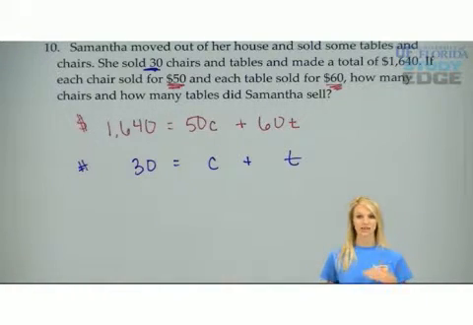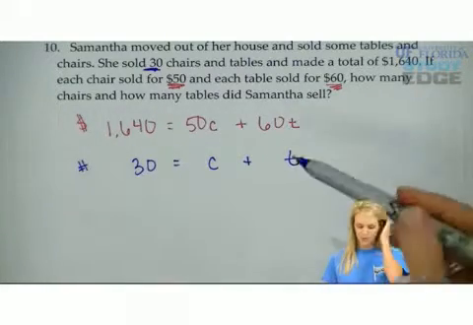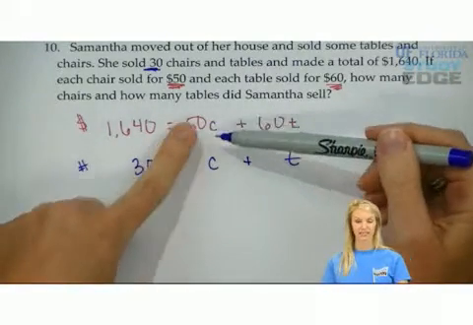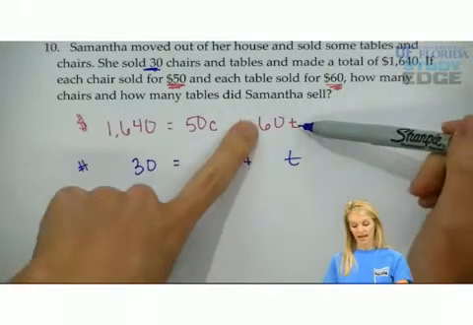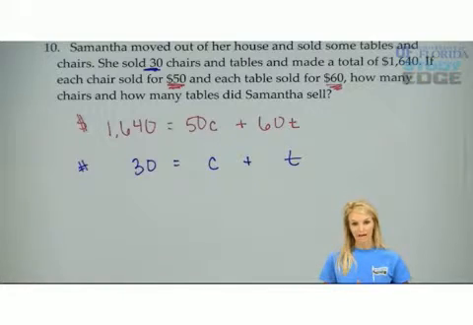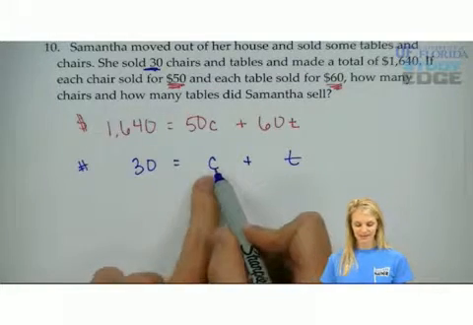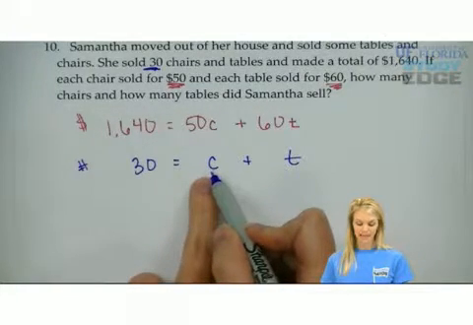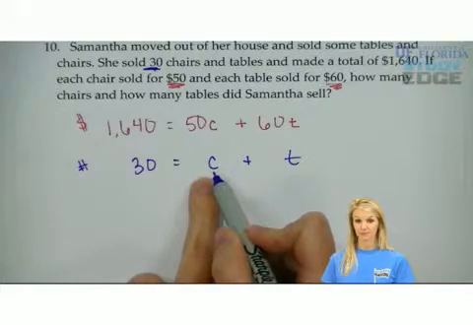We want to make sure that we can eliminate one of our variables. What do we need to make sure matches up? We need to have either a 50C and a negative 50C, or we need to have a 60T and a negative 60T. We need to make sure that when we add together these two equations, one of our variables is eliminated. Well, how can I make this C be a negative 50C?